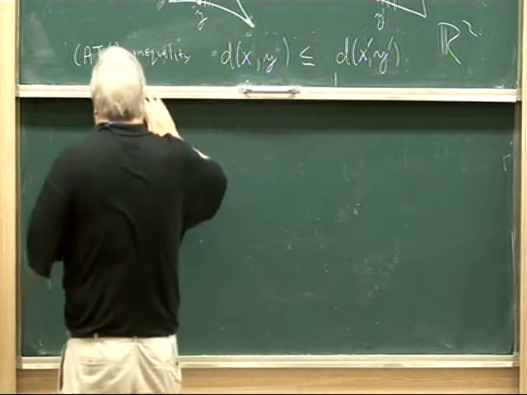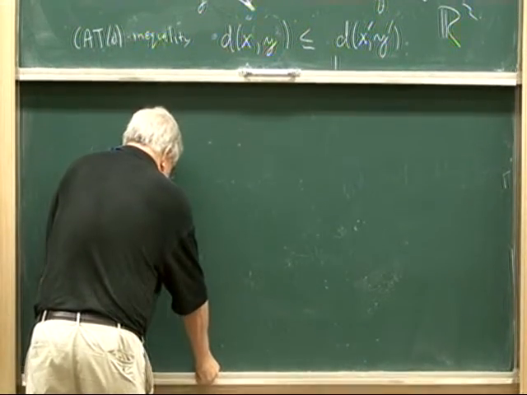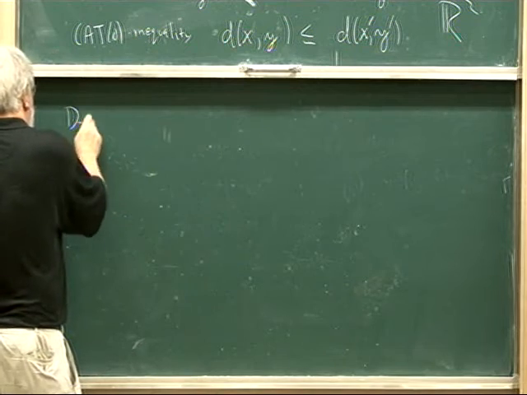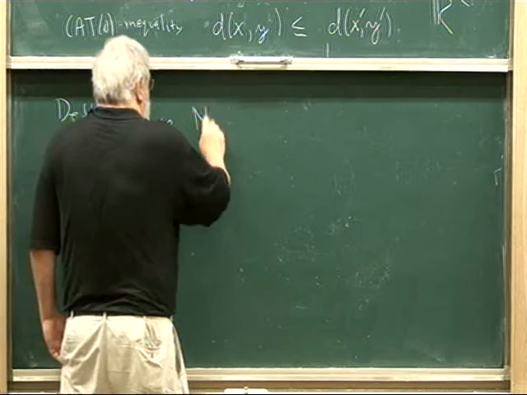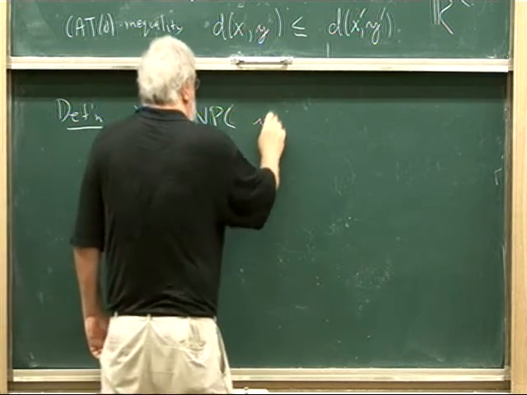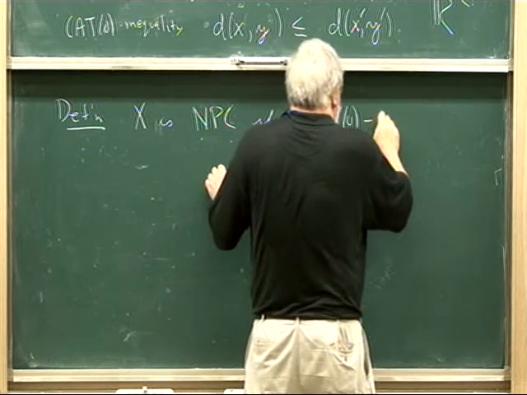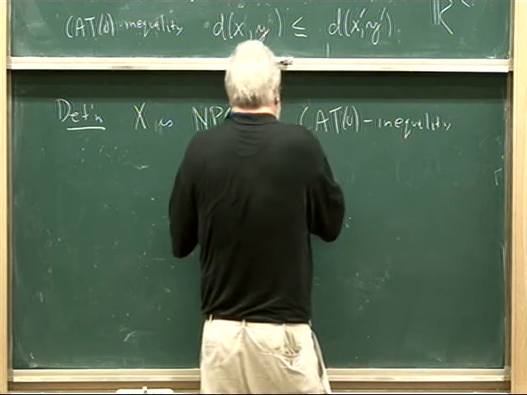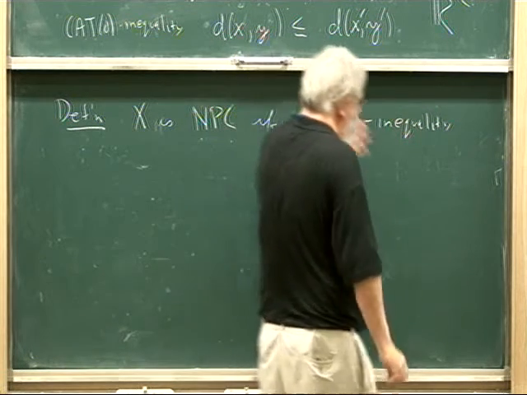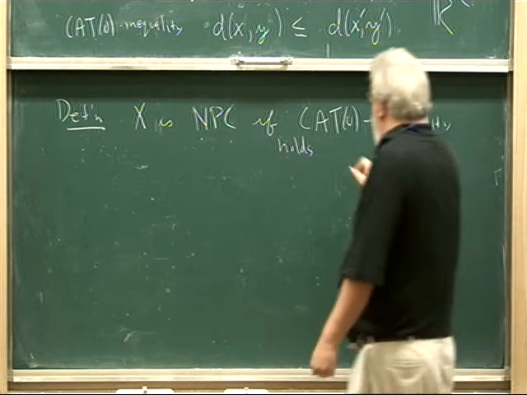Here we're interested in all size triangles, and so in fact we say that X is non-positively curved if the CAT(0) inequality holds locally. In other words, around every point there's a small open set where all triangles in that open set satisfy the CAT(0) inequality.